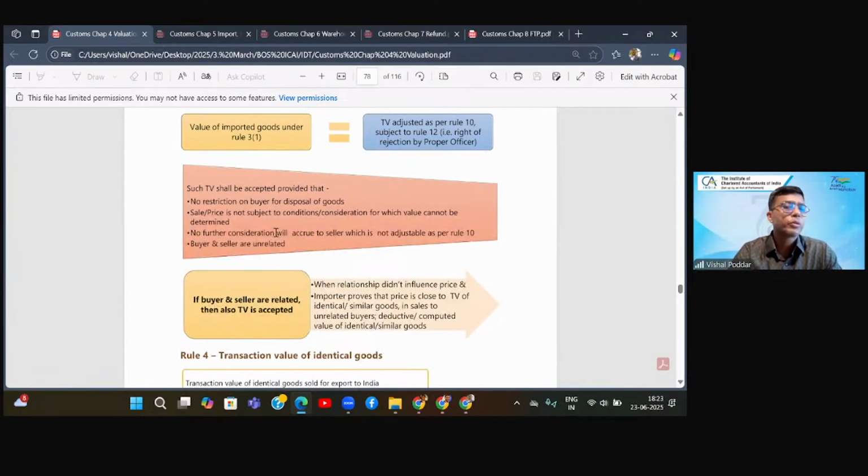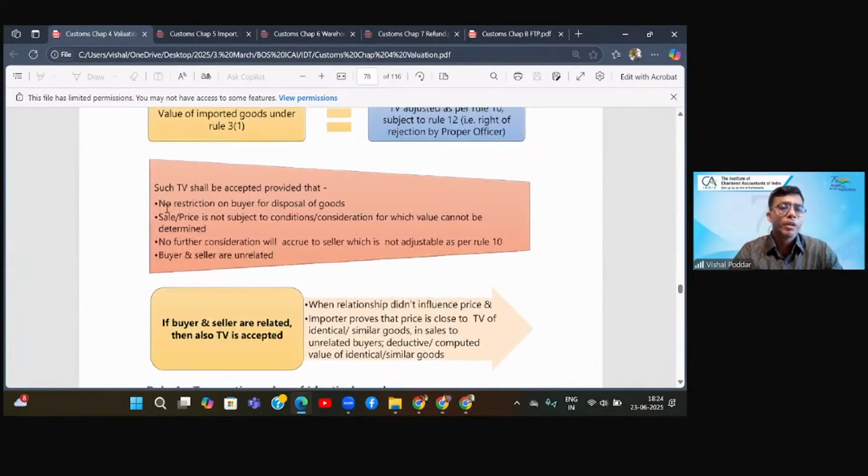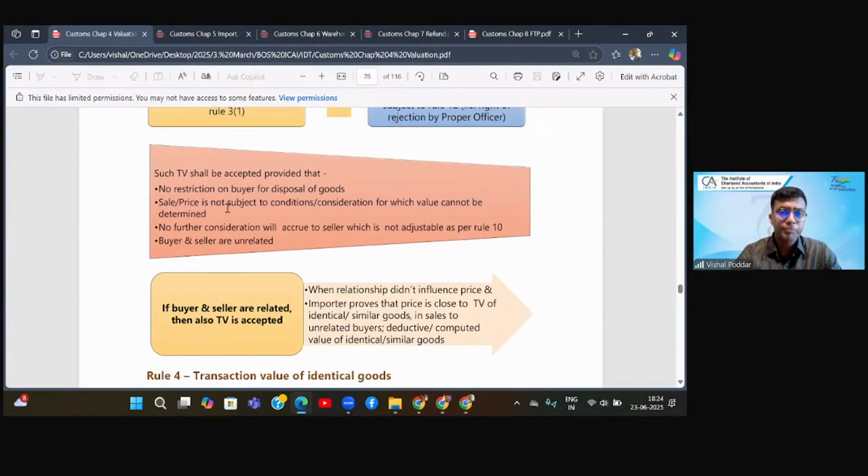But it has put some conditions. What are these conditions? The transaction value will be accepted provided there is no restriction put by the seller on the buyer about how the buyer should use or dispose the goods. Second, whatever price I'm charging to you, that price should be capable of being computed.